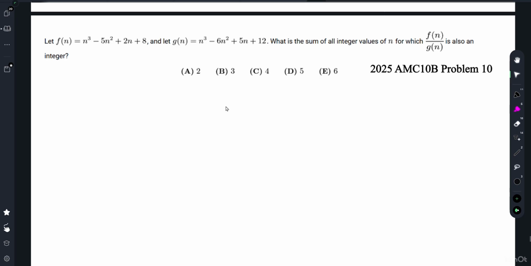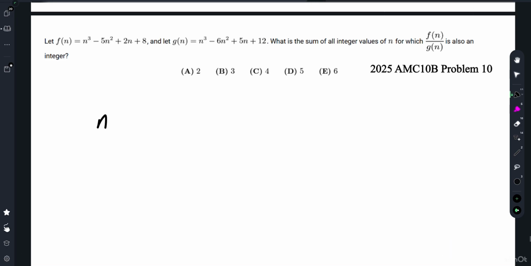So let f of n equal n cubed minus 5n squared plus 2n plus 8, and let g of n equal n cubed minus 6n squared plus 5n plus 12. What is the sum of all integer values of n for which f of n over g of n is also an integer? So let's write out what we have here.